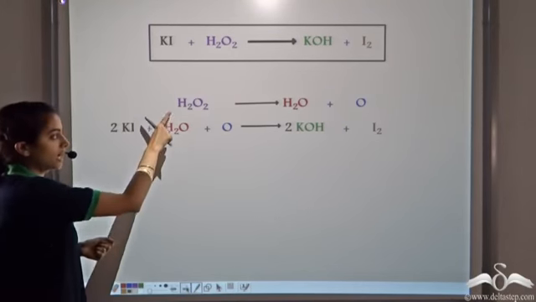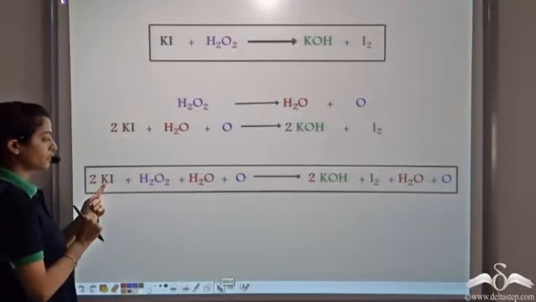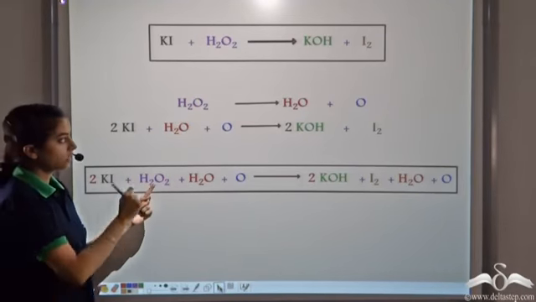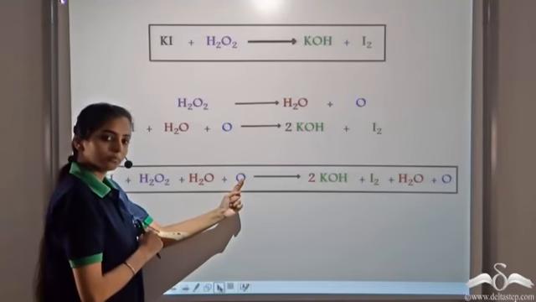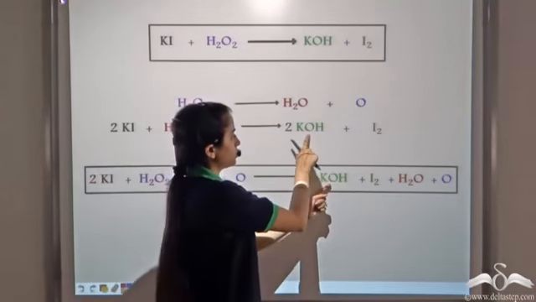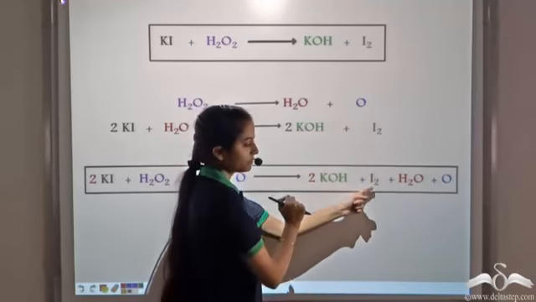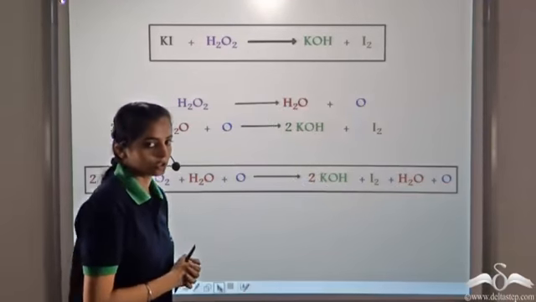So let's add them up. So if we add them up, we get 2 molecules of KI, we get 1 molecule of H2O2, we get 1 molecule of water and 1 oxygen atom. On the product side, we get 2 KOH, we get 1 iodine molecule, we get 1 molecule of water and 1 atom of oxygen.